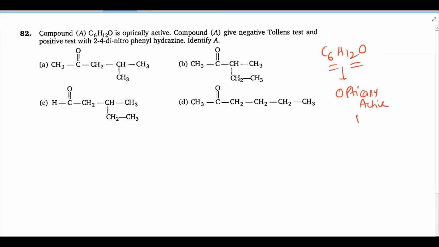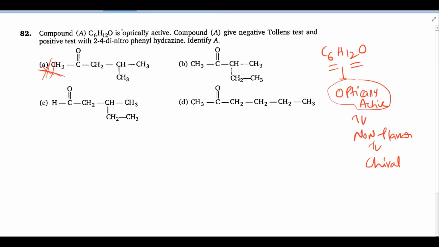Optically active means it is non-planar. This is an extra thing I'm telling: non-planar means chiral, and chiral means optically active. You can see the first option is not optically active, so just cancel the first option.